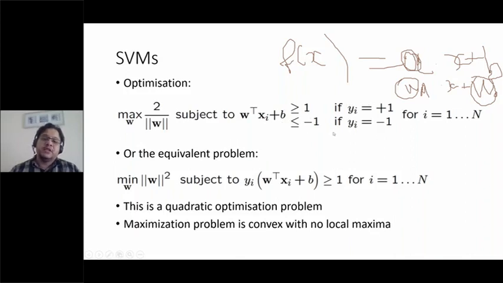We are multiplying them just to make them into one formula, because it's easier to play with one formula rather than two, and you have to look if it is +1, -1. It's much easier to play with one than with two when we do optimization. So we are trying to minimize this with this constraint, and it is convex with just one minimum.